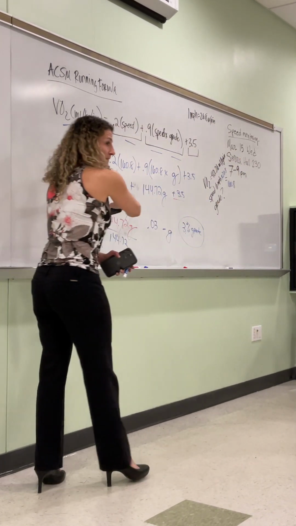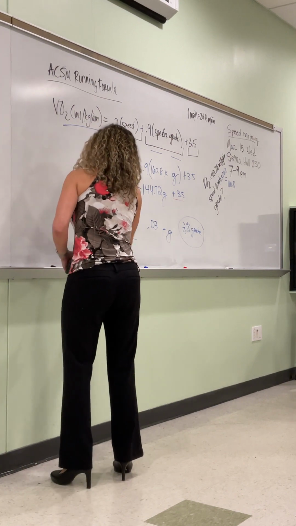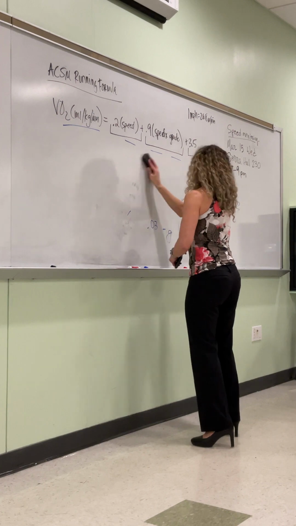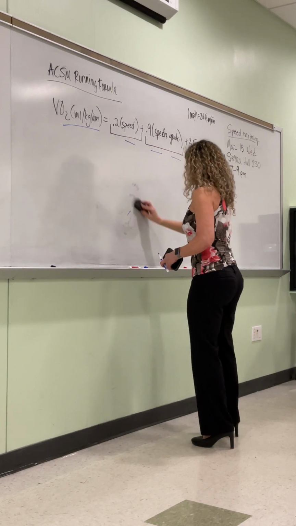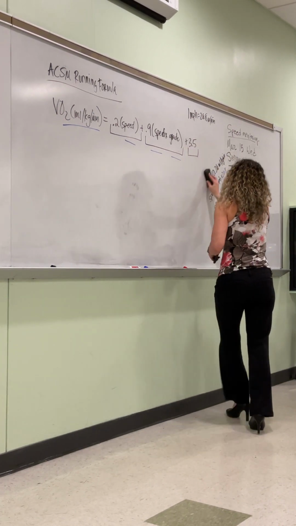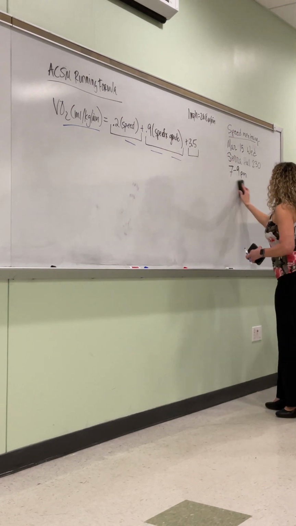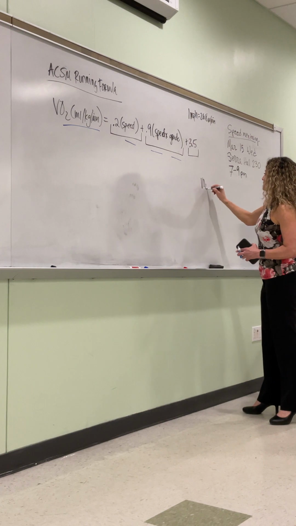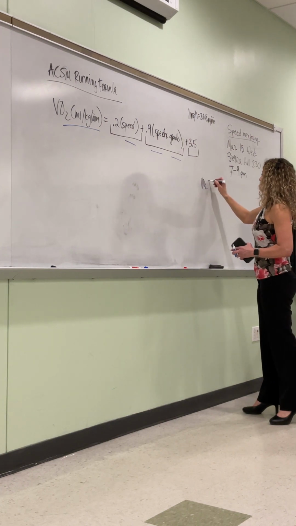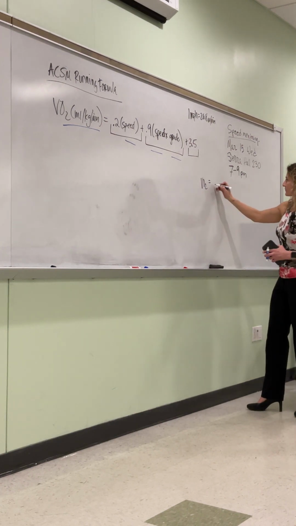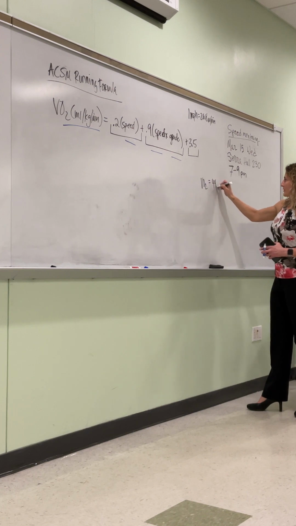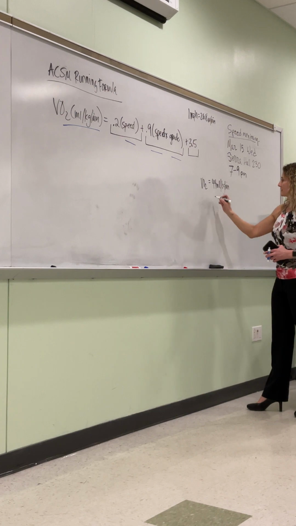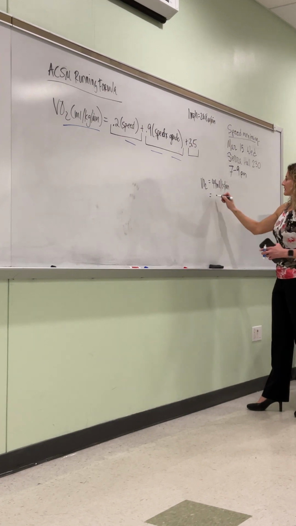Erase this. Okay, let's do a VO2 of, I'm gonna go pretty high here to make sure I have space to have a speed and a grade. So I want a 3%.